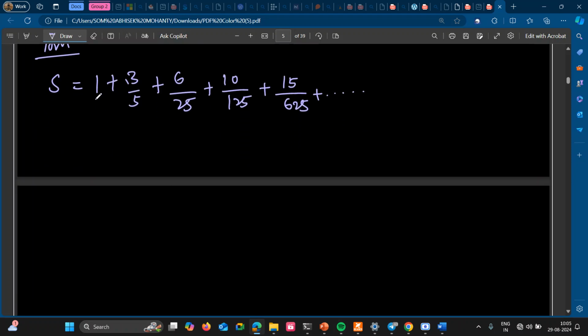This is 1. This is 3 by 5. If we go to the next term, it is multiplied by 5 in the denominator each time. This is, we can say, 2n plus 1 if n is 1. No, this is not 2n plus 1.